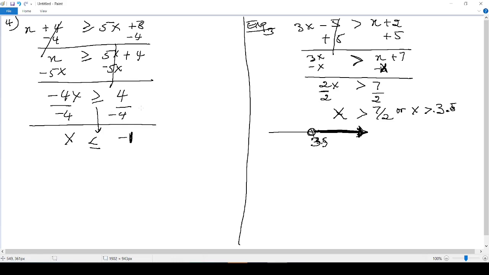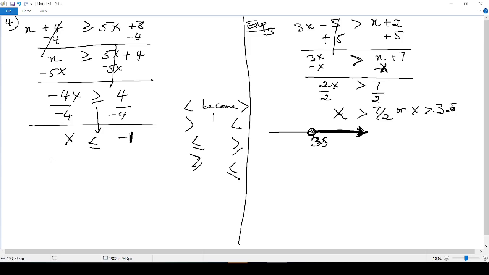What does it mean? It means if it was less, it becomes greater. If it was greater, it becomes less, right? If it was less or equal, it becomes greater or equal, and if it was greater or equal, it becomes less than or equal. That's why here, because we are dividing by a negative number, the sign changed to the opposite.